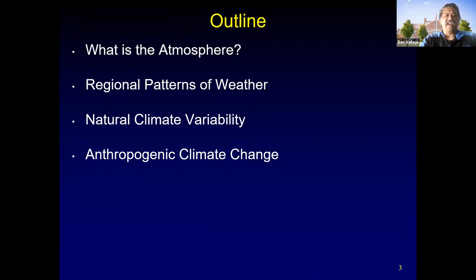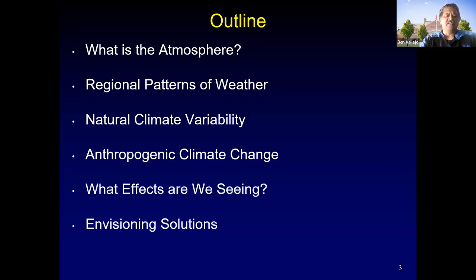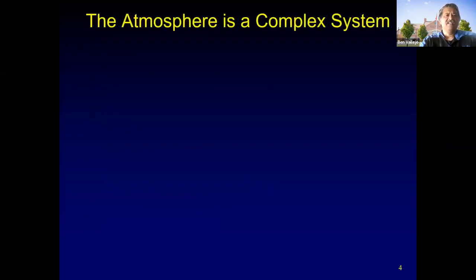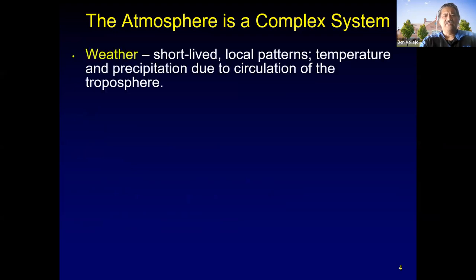We'll take a look at natural climate variability, but then unnatural climate variability comes into play when we take a look at anthropogenic climate change, which means that it's human-induced, and we'll take a look at the effects and the solutions as we go through today's talk.